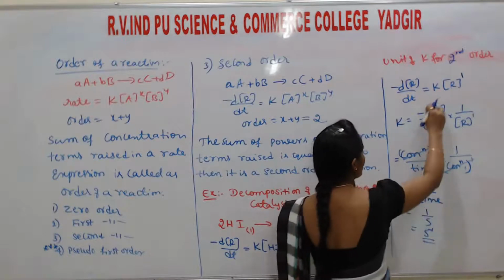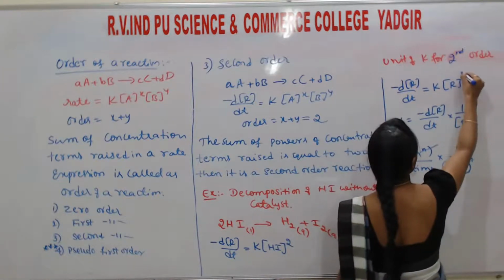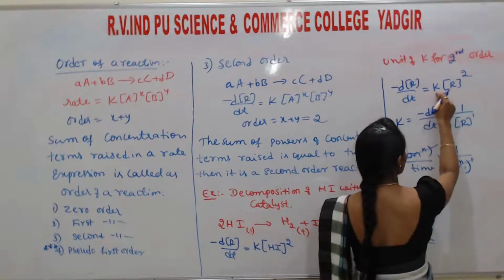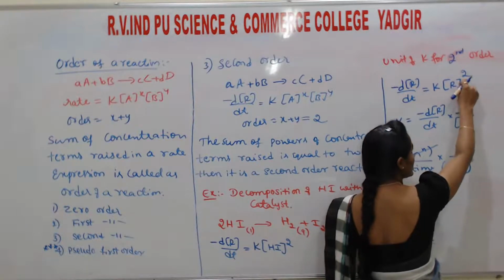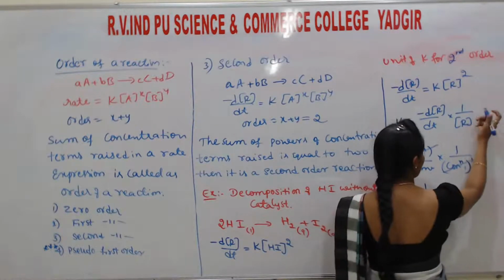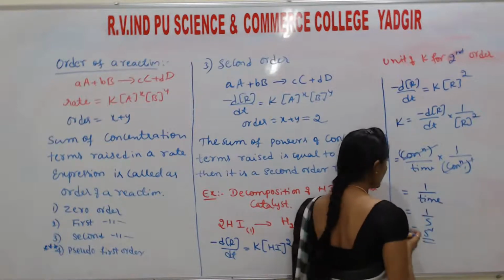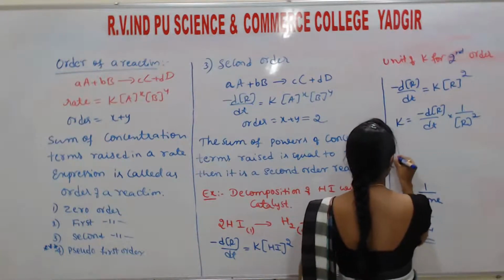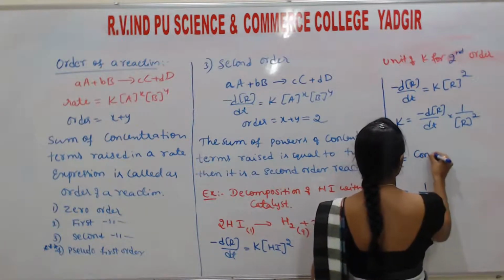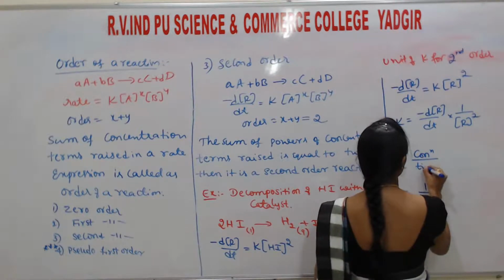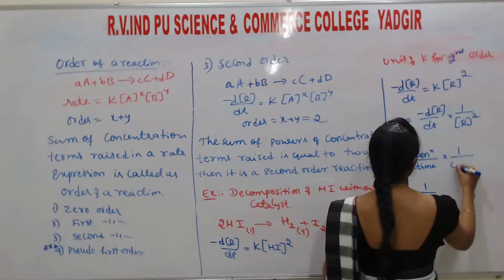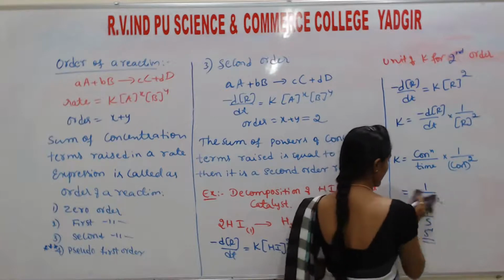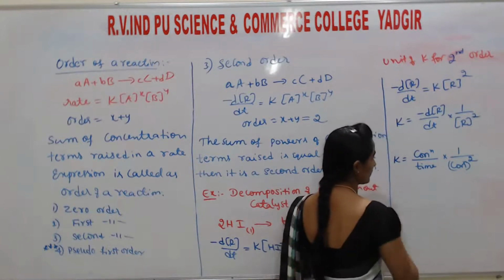So if we consider the unit of K for a second order reaction, what is the change here, students? Here the power 1 changes to 2. Correct? So here the rate is equal to K [A] to the power 2. So listen, I write here. K is equal to concentration by time into 1 divided by concentration square. Correct?